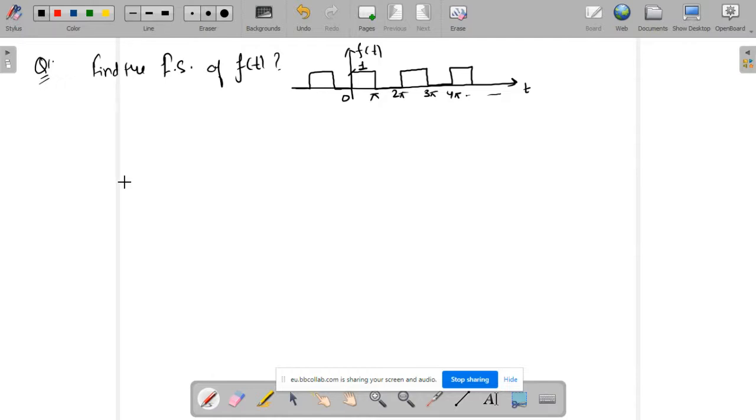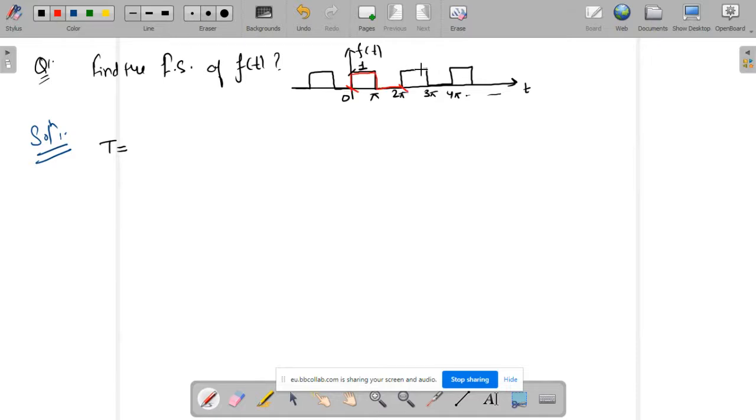Now how to do this? Solution. First thing, you need to find out the time period T of this signal. In chapter number 2 I have told you about time period. Time period is the time taken by one cycle. You can see here, this is one cycle.